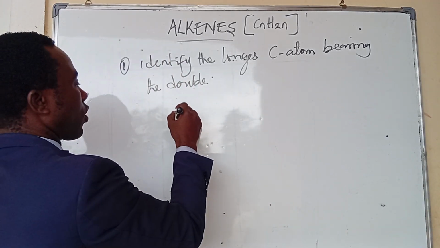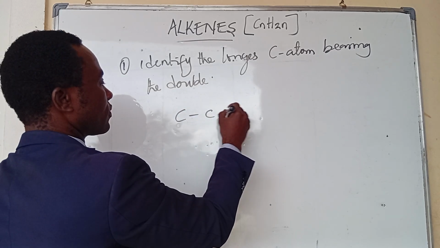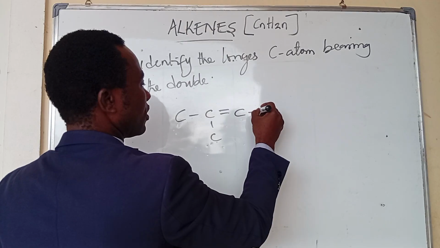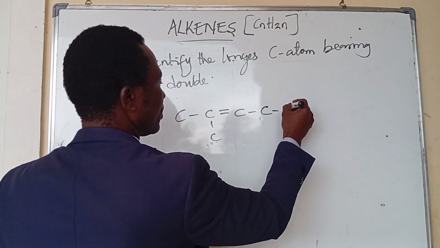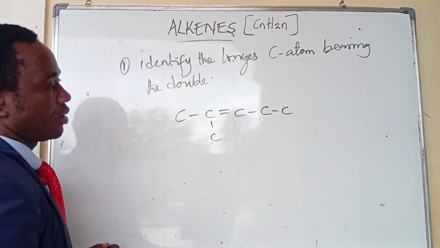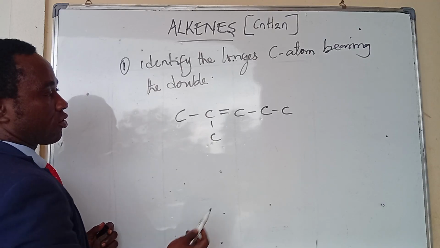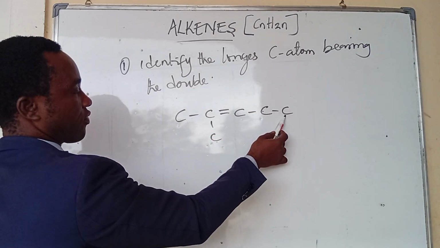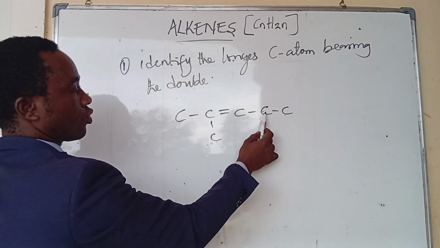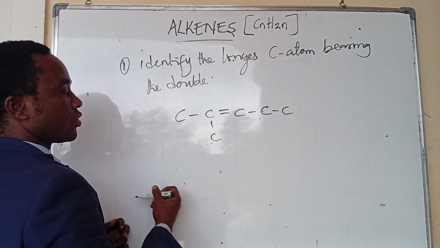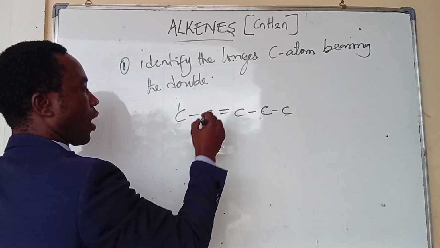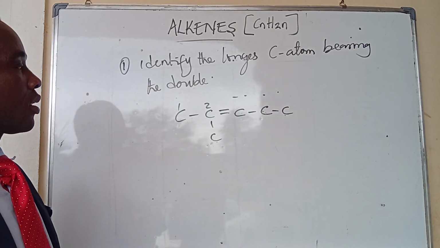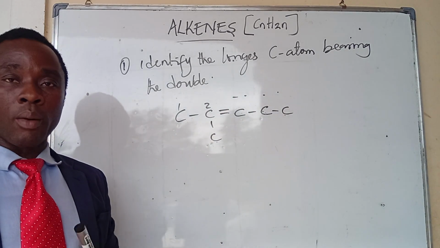Let me say, for example, we have C, then we have C and C and C. If you look at this, what is the longest carbon chain? You have 1, 2, 3, 4 and 5. So we can number from it anywhere, 1, 2 and so on. But we have not come to numbering.